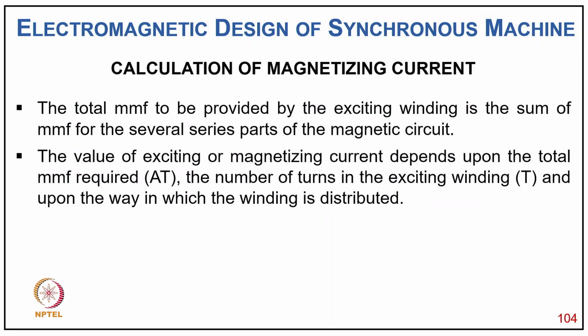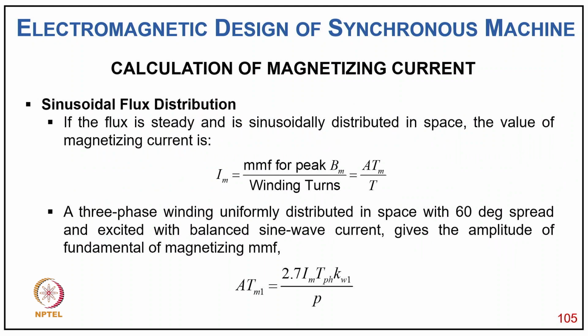So coming to calculation of magnetizing current, the total MMF must be provided by the exciting winding, the sum of the MMF of several series parts of the magnetic circuit. The value of exciting or magnetizing current depends upon the total MMF required, the number of turns in the exciting winding, and upon the way in which the winding is distributed.